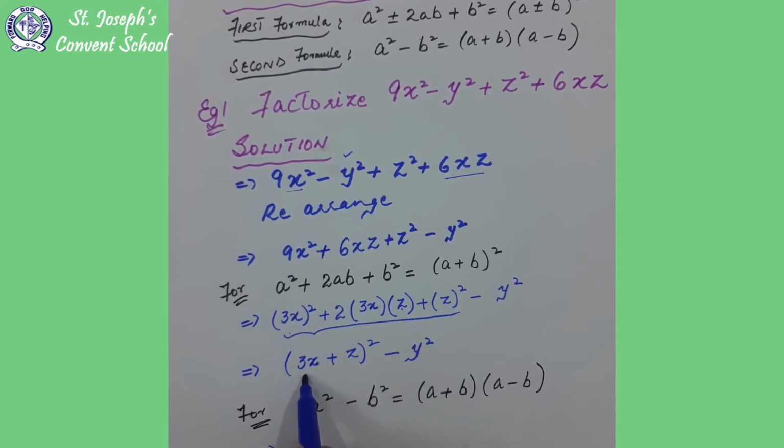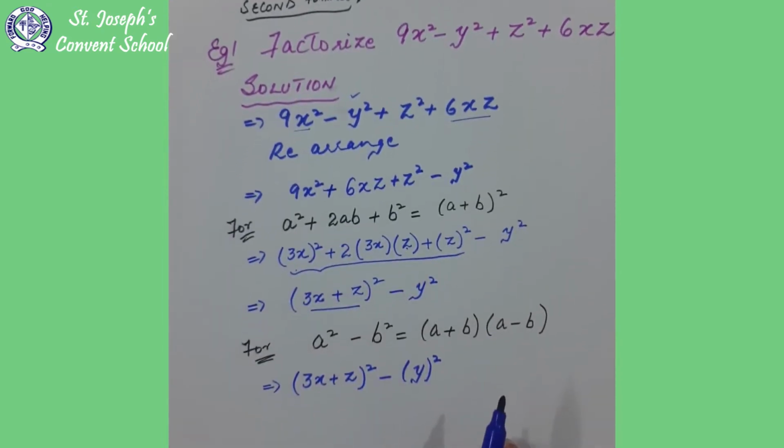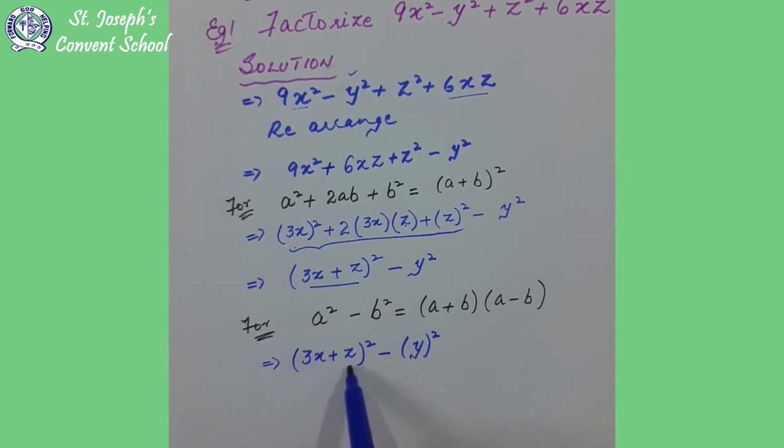A square means this bracket, so the bracket is a: 3x plus z the whole square. This is a square minus b square, where b is root of y square, which is y. So a square minus b square equals a plus b and a minus b.